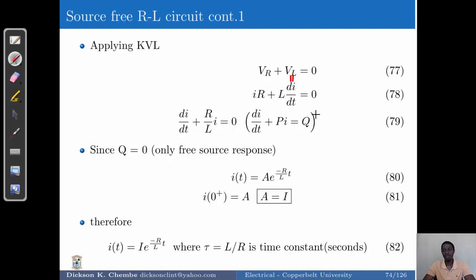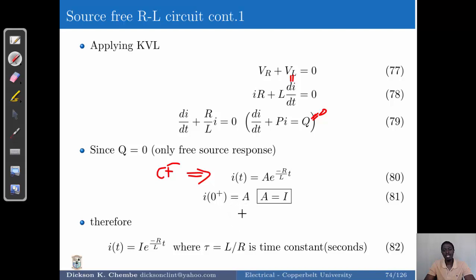So we are saying the forced excitation in this case is equal to 0. From this, we determine that we're looking at a source-free response, and our solution is simply going to be the complementary function, which in this case is equal to A exponential of minus R over L multiplied by t. Therefore, the current after the switch has just been closed is going to be equal to A.